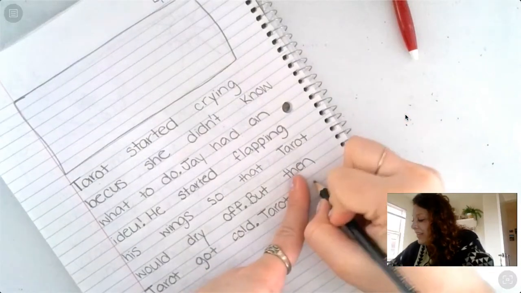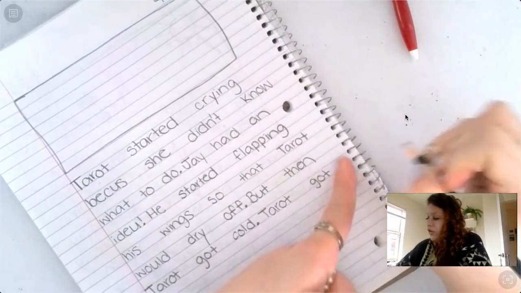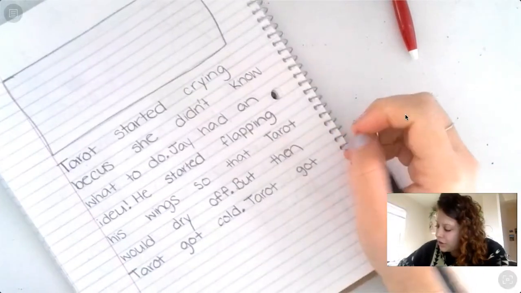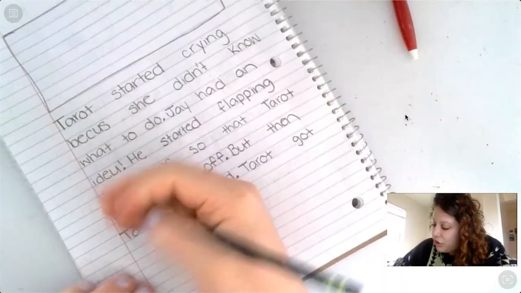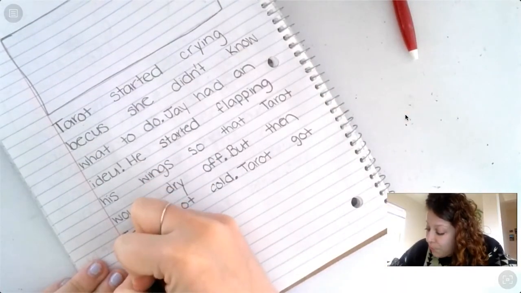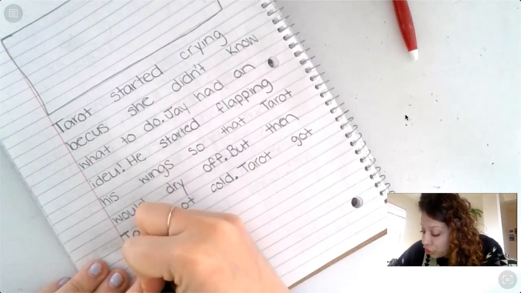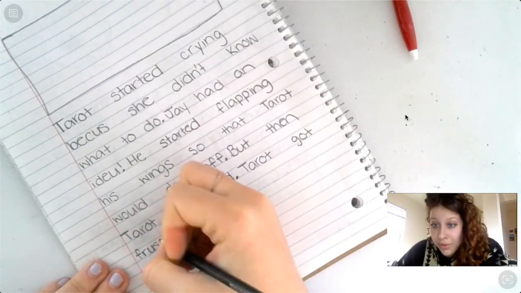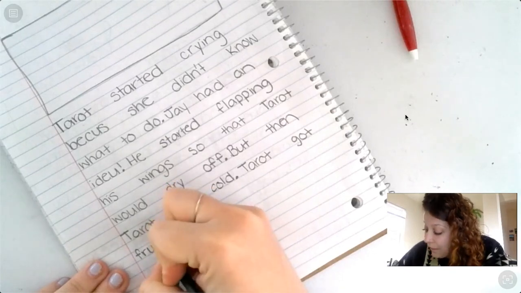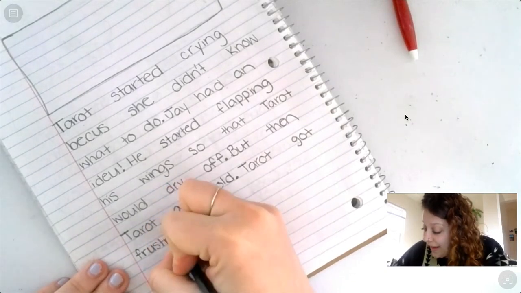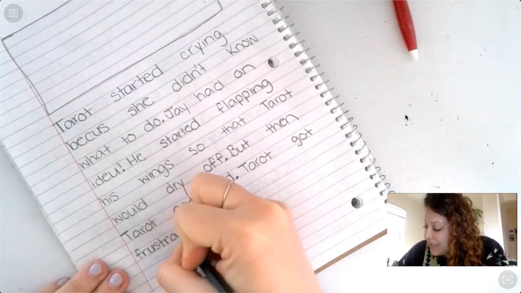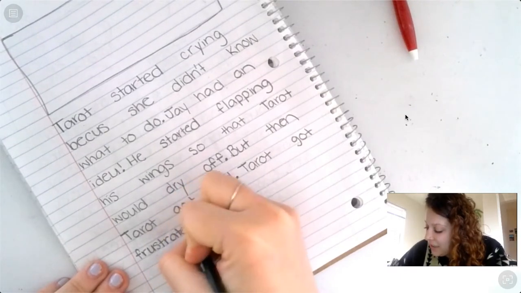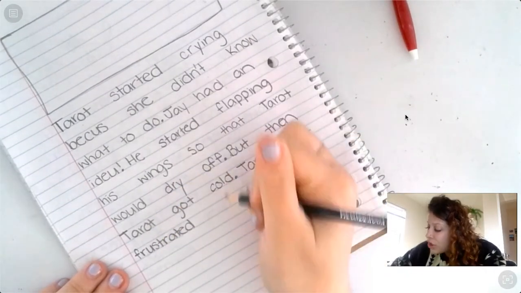Taro got frustrated. That's a hard word. Got. Oh, there's a blend. Oh, another blend. Frustrated. Taro got frustrated.